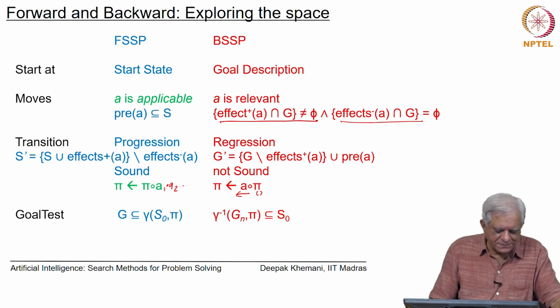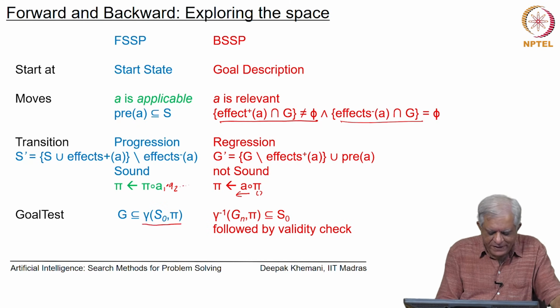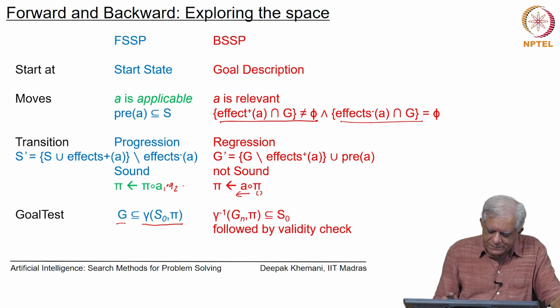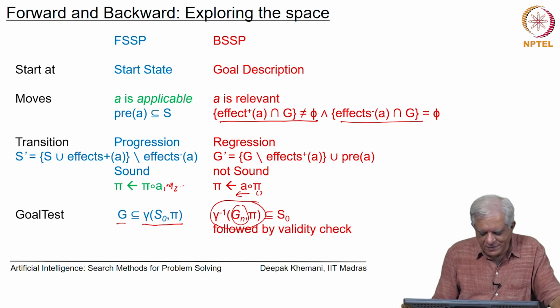The goal test function: after you have progressed the plan from the start state by applying the entire plan, the goal predicates must be true in the final state. So, the goal must be a subset of the final state. In the case of backward state space planning, we said after you have regressed from G n to this new state by applying the regress operator so many times, that state must be a subset of S 0, but that was not enough.